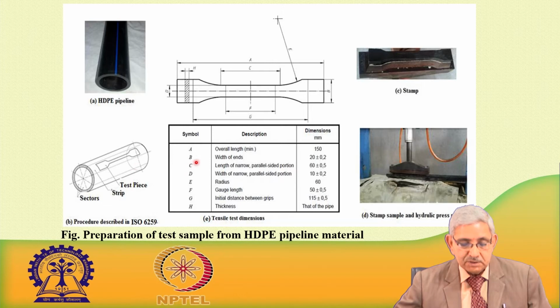This is a test piece, and the dimensions of the test piece are specified in this particular table, and then how the sample is kept in the machine, for the HDPE pipeline.